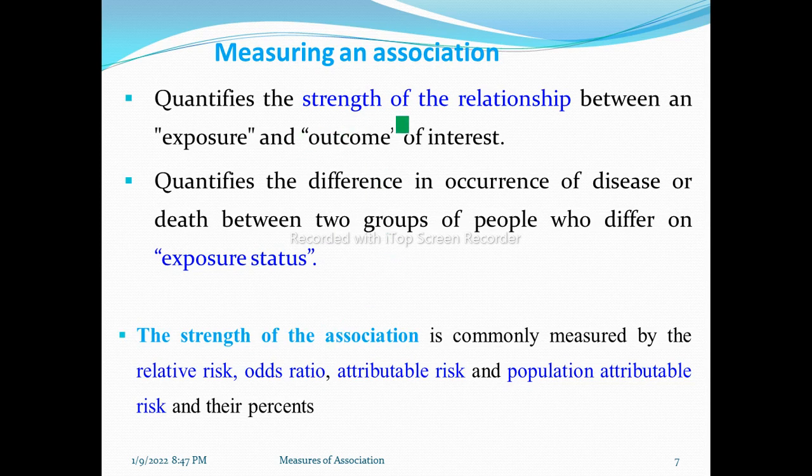So measuring an association quantifies the strength of relationship between an exposure and an outcome variable, the outcome of interest. So what is the strength between the exposure and outcome variables? It will quantify this, and also it quantifies the difference in occurrence of the disease or death between two groups of people who differ on exposure status.